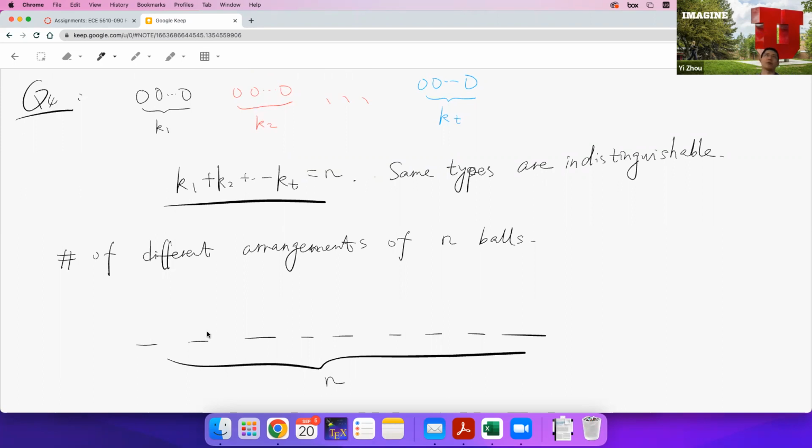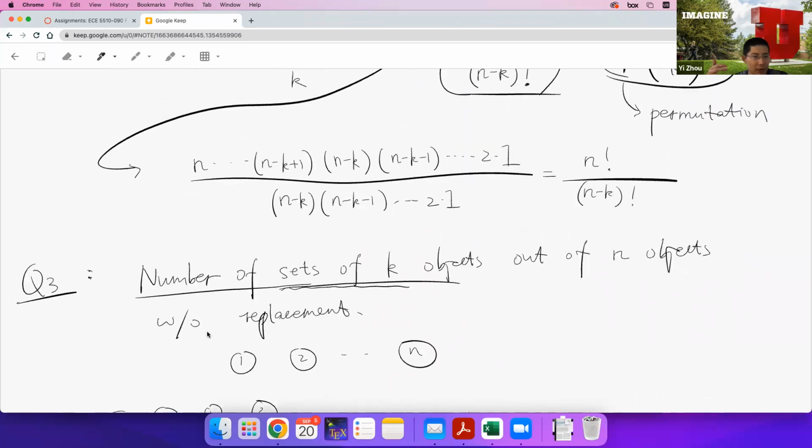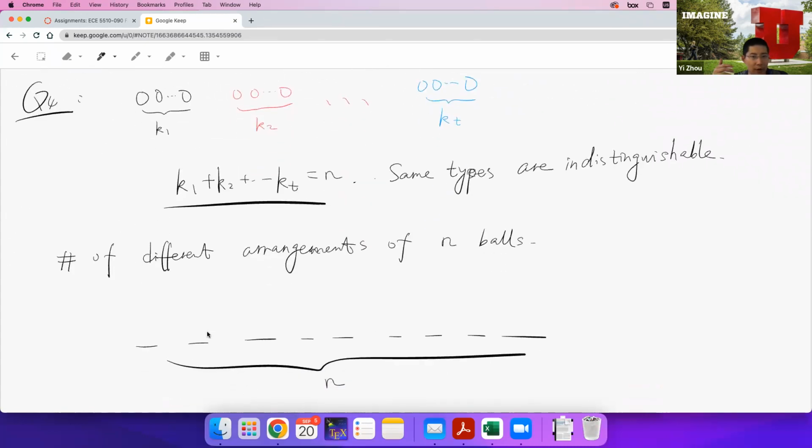And for this type of problem, we always relate it to the previous types of problems that we have looked at, and try to decompose the problem into smaller problems. Apparently the challenge is that previously we know how to arrange N different balls into different positions.